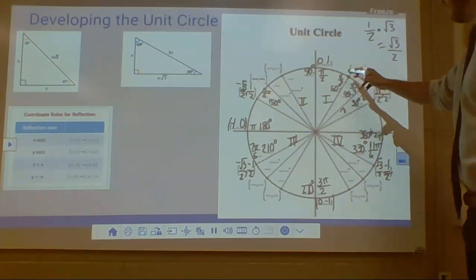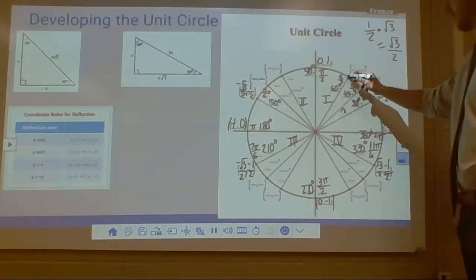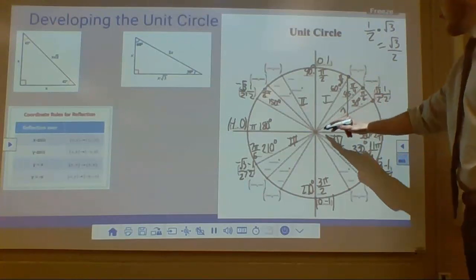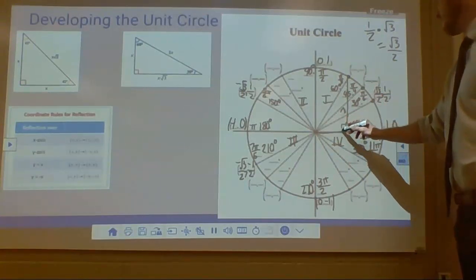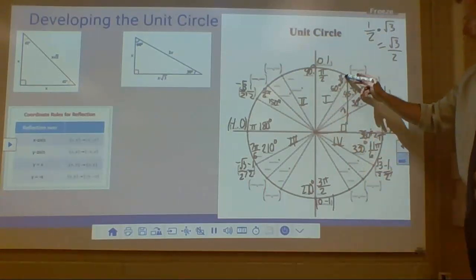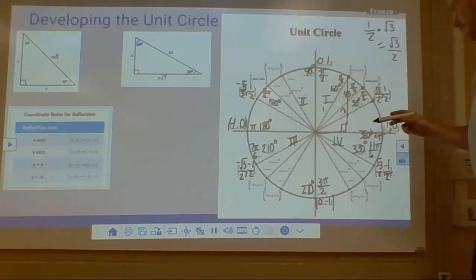So, now, we're looking at the 60 degree angle. If I drop a little side right there and make a right triangle, then remember that radius is still going to be 1. That's the hypotenuse, right?